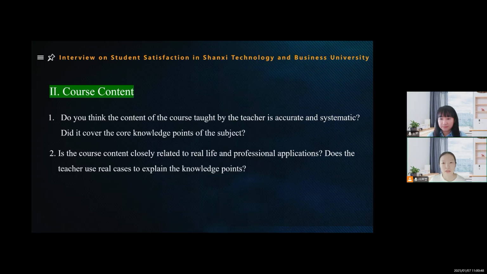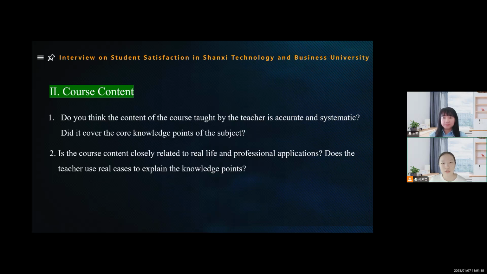Taking the marketing course as an example, when explaining the market segmentation strategy, the teacher will use the mobile phone market as an example to analyze how different brands segment the market based on factors such as consumer age, gender, and spending power, as well as the marketing strategies formulated for different market segments.